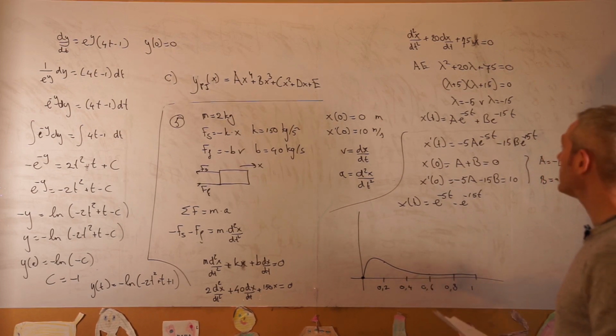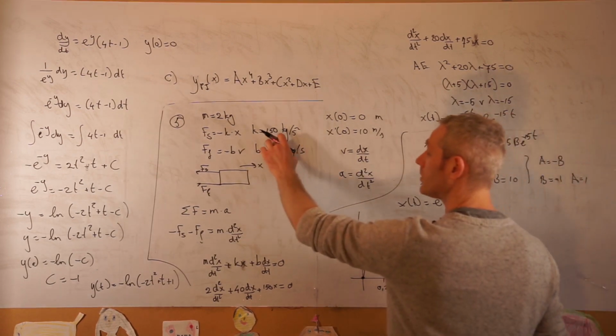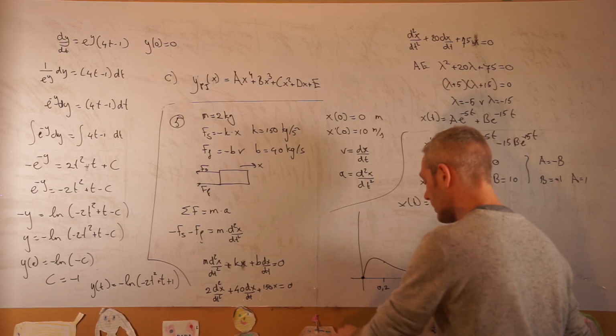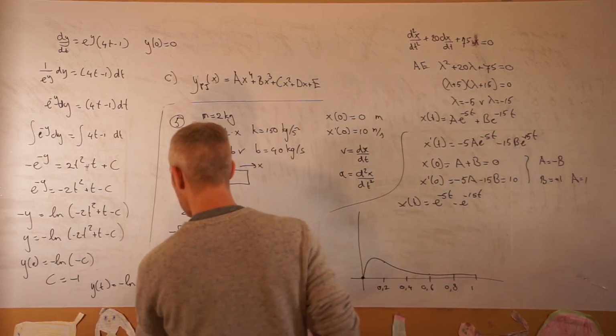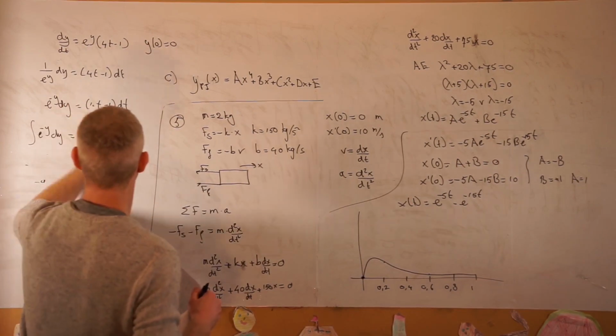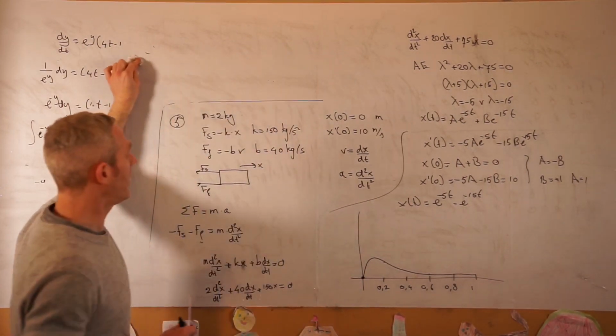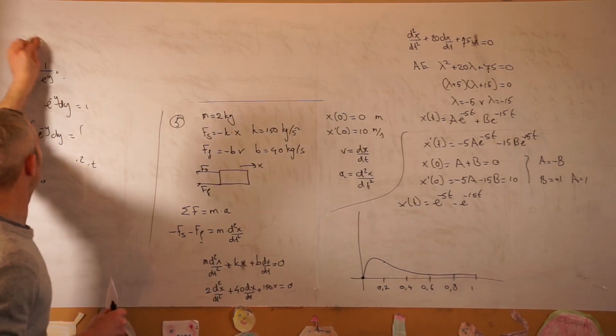The second part is where we change the spring constant to 200 instead of 150, and we get a different differential equation. Again, using the same method as we did before.